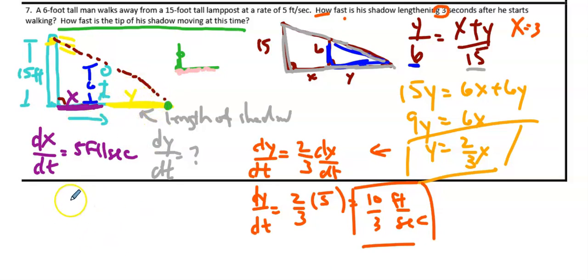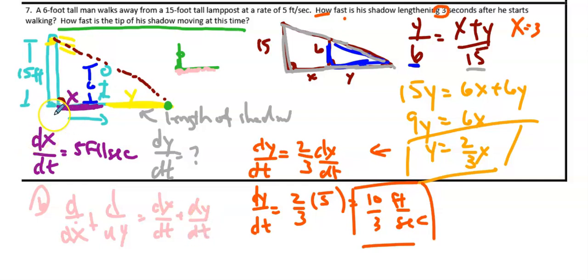So for part B, the distance of our tip, we want to know the derivative of x plus the derivative of y with respect to time. So what we're looking for is the change of x with respect to time plus the change of y with respect to time. And just think about it for a second. As he walks, the tip changes based on how far away he's moving from the pole. And the shadow is obviously changing as well when he's moving far away. So these two are both factors here.